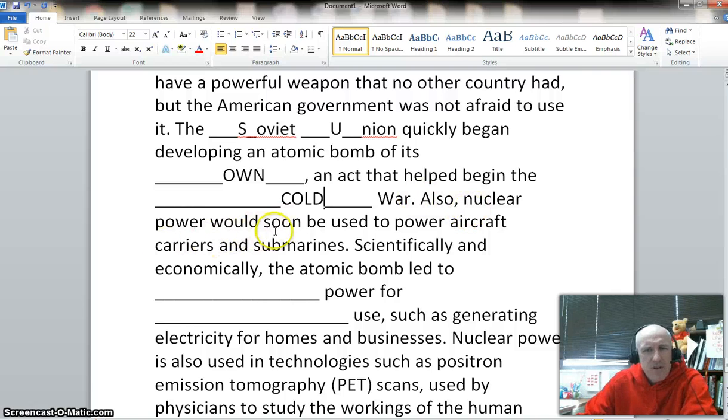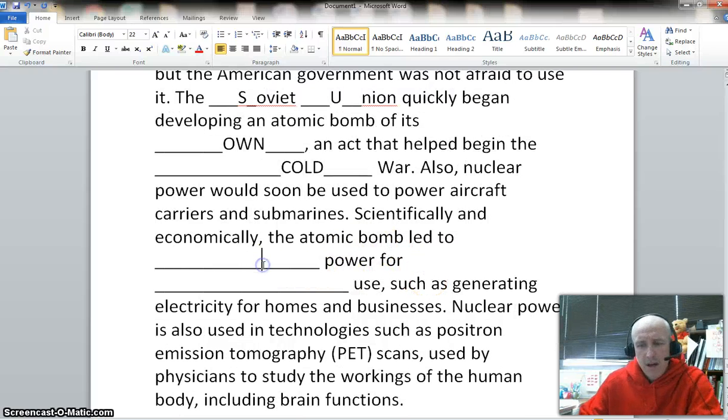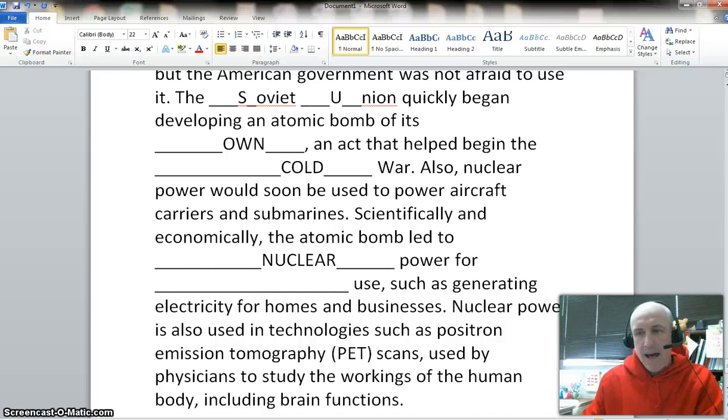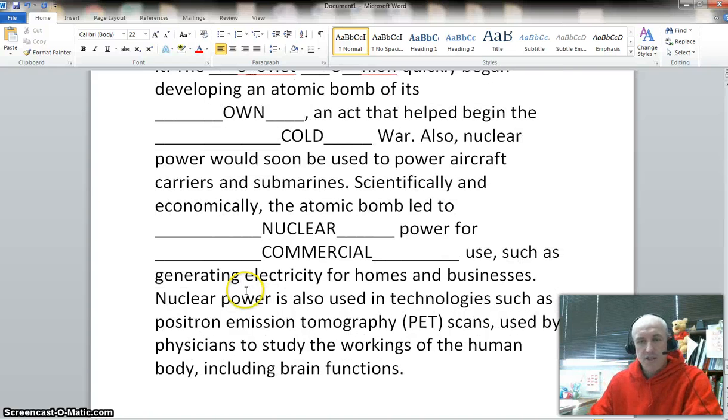Also, nuclear power would soon be used to power aircraft carriers and submarines. Scientifically and economically, the atomic bomb led to nuclear power for home or commercial use, such as generating electricity for homes and businesses and many other things.